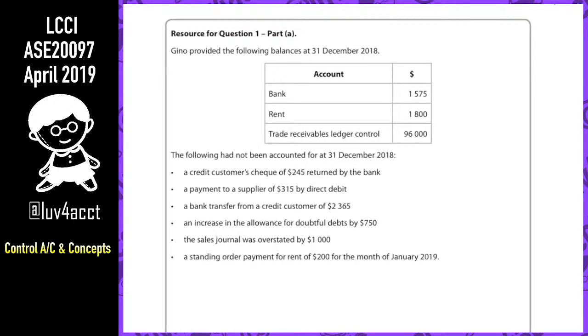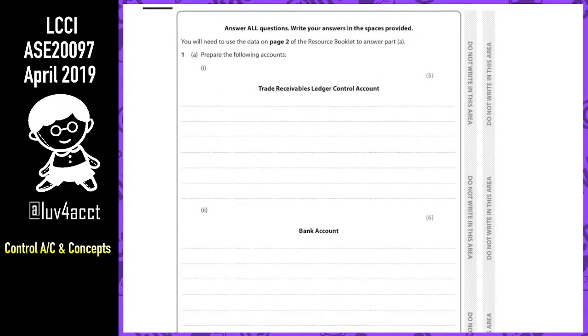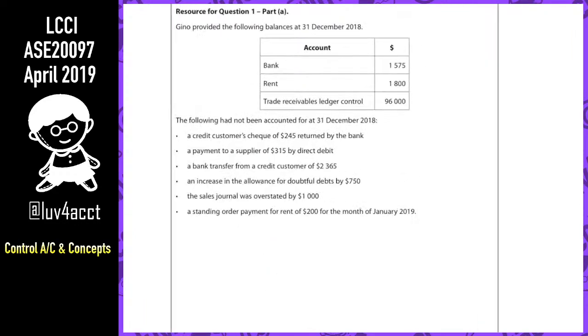Gino provided the following balances on the 31st of December year 2018. So let us take a look what year we have to deal with. Not mentioned here, so this is 31st December year 2018. The following had not been accounted for at the end of the year, so we are going to update it.